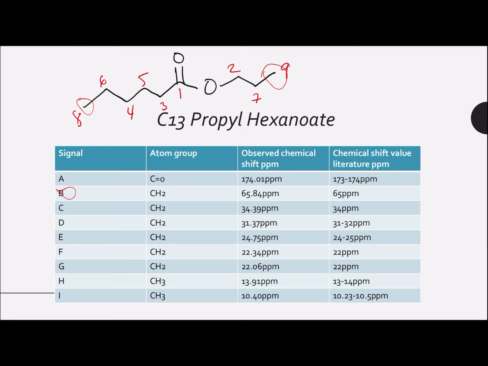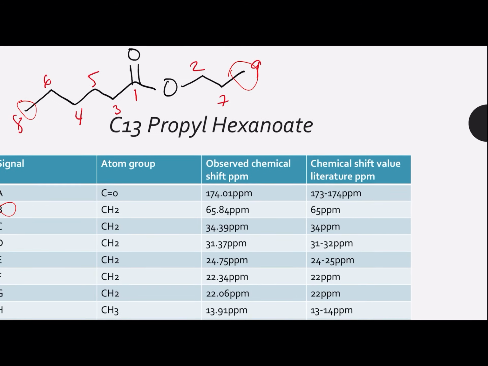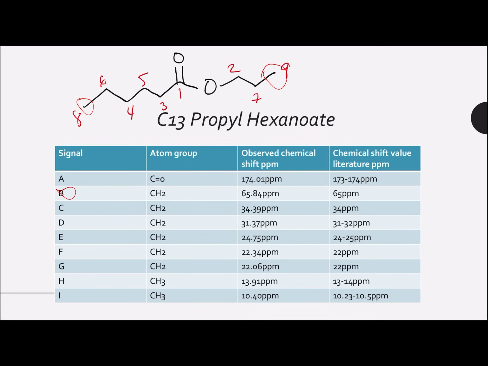We are able to observe the chemical shifts using the database that we were given, and we're seeing the chemical shift values in the literature ppm. So we actually have in total 1, 2, 3, 4, 5, 6, 7, 8, 9 signals, because there's 9 carbons. Remember when I said in the beginning there were 9 carbons when we were looking at the molecular formula.